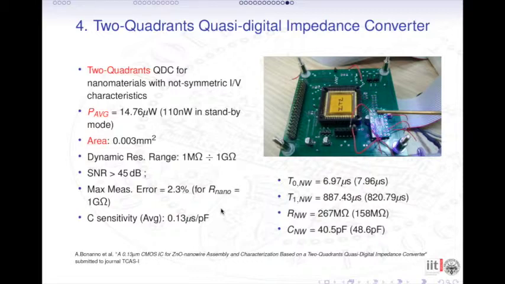In standby mode, it consumes only 100 nanowatt, and it is able to measure both the resistance and capacitance of the nanowire, performing a measurement in the 2 quadrants of the IV curve of the nanomaterial. The signal-to-noise ratio is always higher than 45 dB, so the measurement system is really low noise.